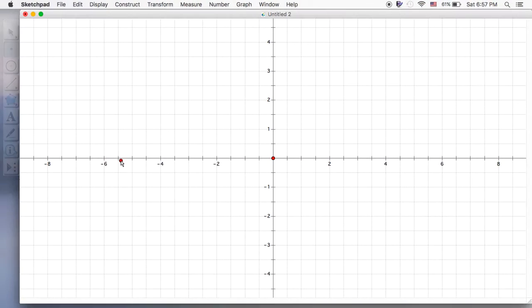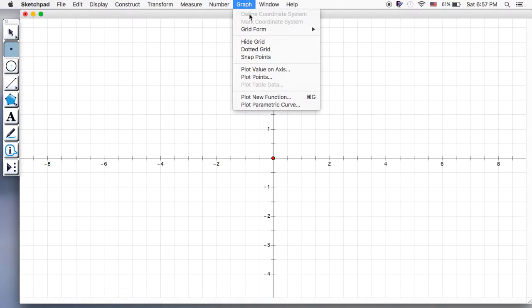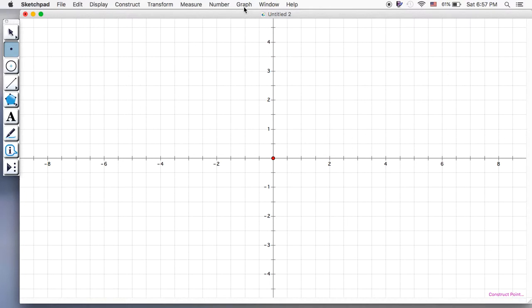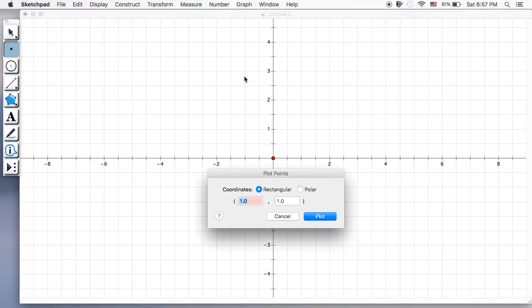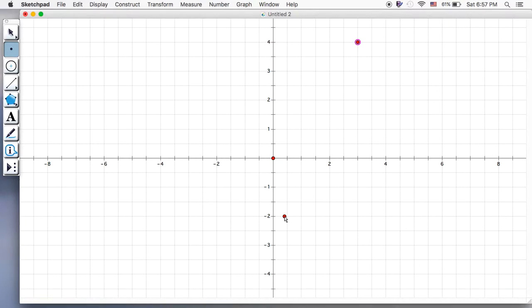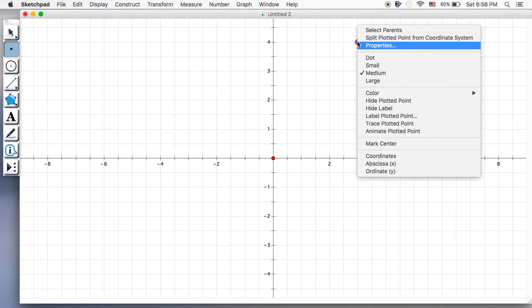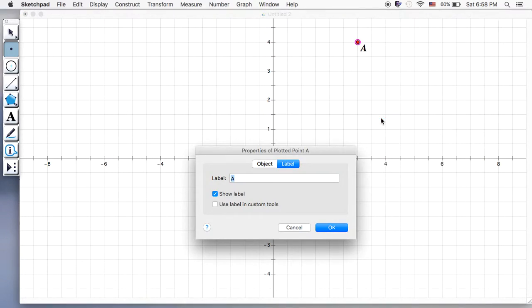So for 3 plus 4i, we go 1, 2, 3, and then you go 1, 2, 3, 4. So that's the point 3 comma 4, that we call 3 plus 4i.